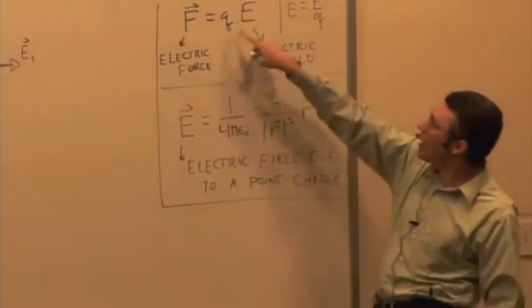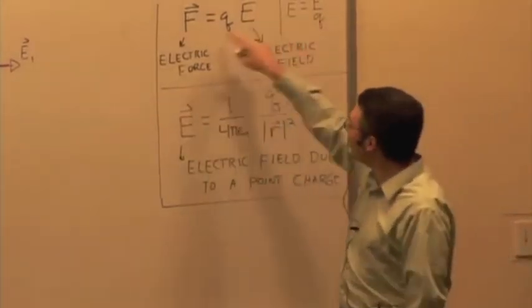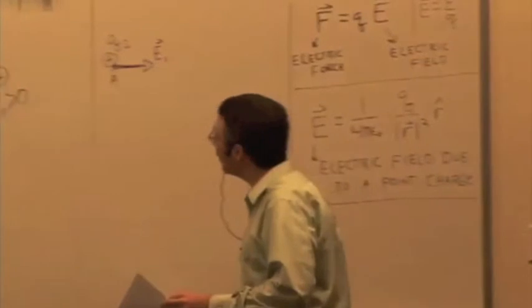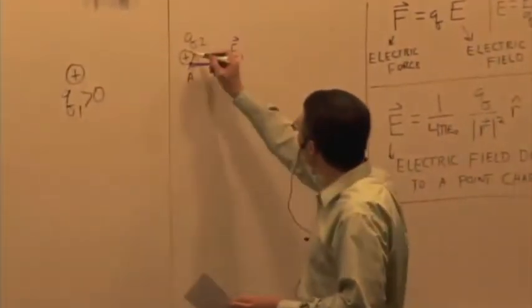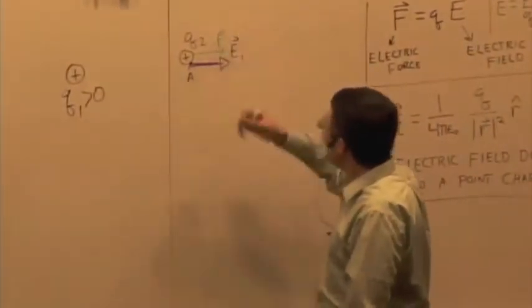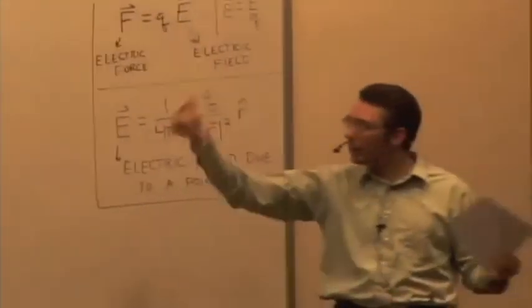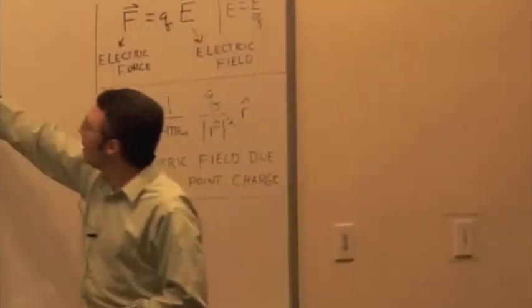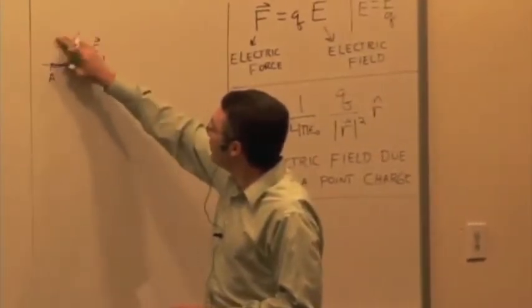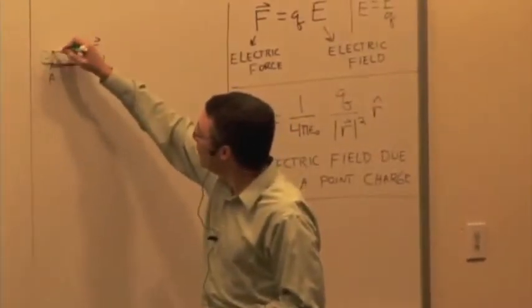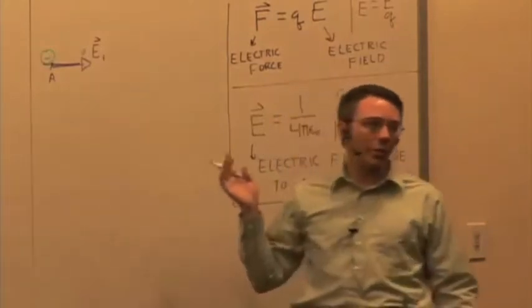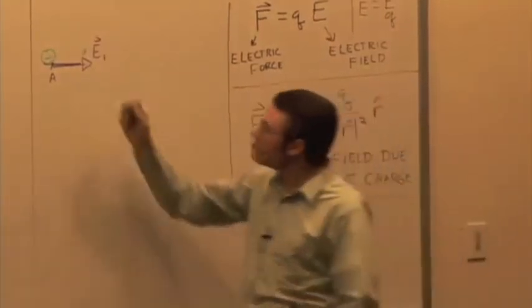Because I'm multiplying a positive by a vector, I get a new vector in that same direction. And that agrees with what we would think, right? Two positive charges should repel each other, so the force should be to the right. But if I placed a negative charge there instead, I should get a force in what direction? Other way, right?